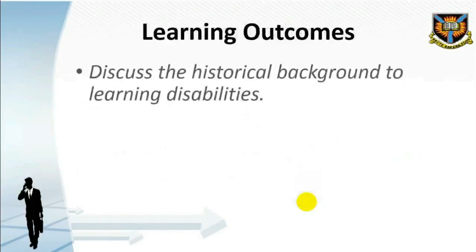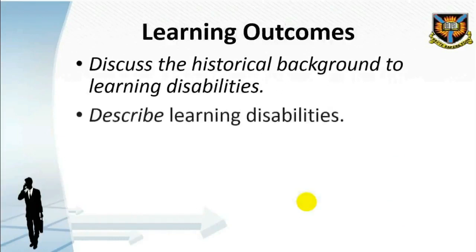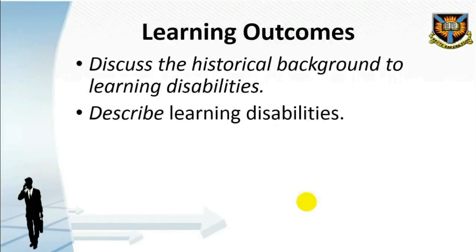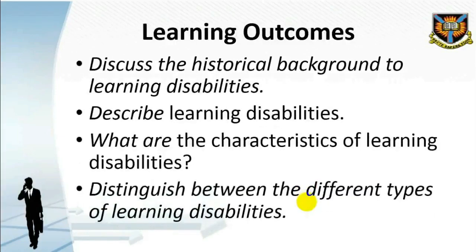Learning outcomes. When you have studied this session, you should be able to: 1. Discuss the historical background to learning disabilities. 2. Describe learning disabilities. 3. Point out the characteristics of learning disabilities. 4.